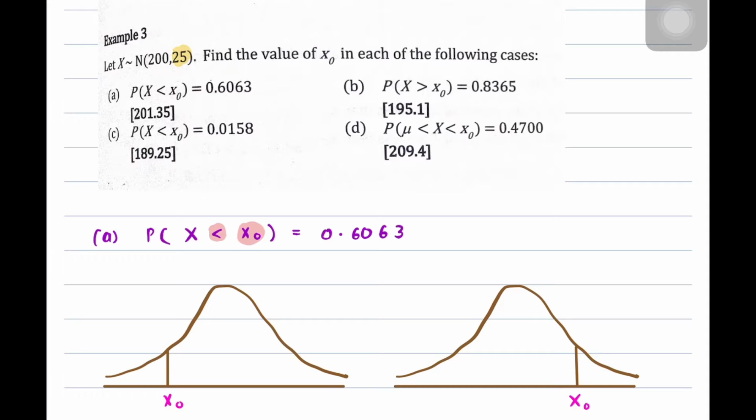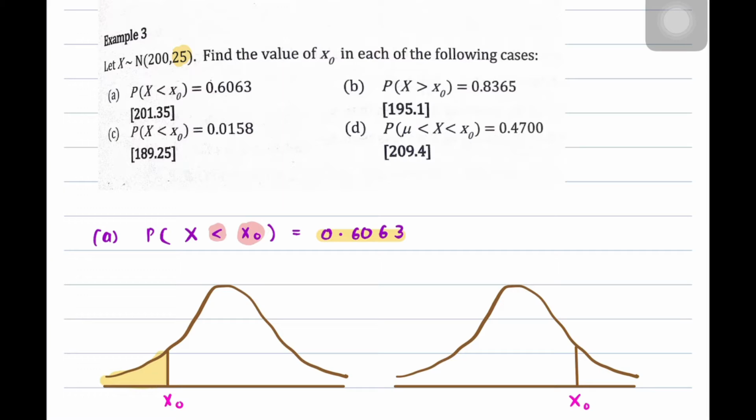You can have either of two diagrams to locate your x0, whereby your x0 is at your left side or your x0 is at your right side. How to determine whether your x0 is on the left side or right side of the bell-shaped graph is by referring to the less than symbol and also the given probability, which is 0.6063. The less than symbol here means that the shaded area is everything at your left side.